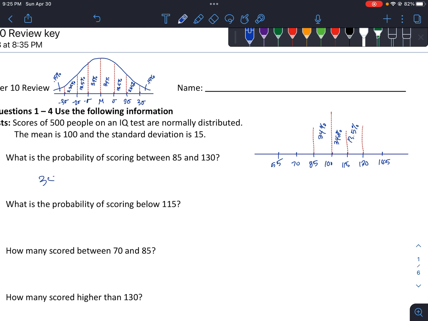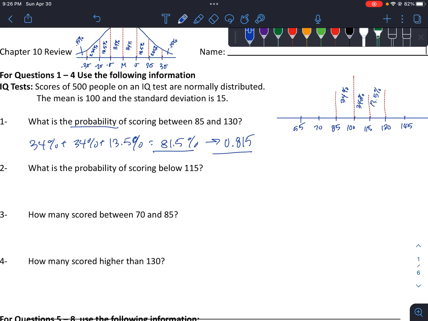So 34% plus 34% plus 13.5% is equal to 81.5%. I honestly don't care too much if you leave it as a percentage. I won't mark you wrong, but it is saying probability, and the probability would be 0.815. I'm okay with either answer. They mean the same to me.